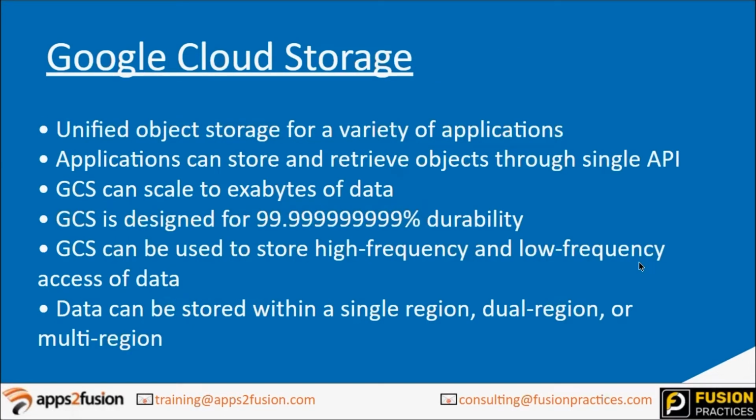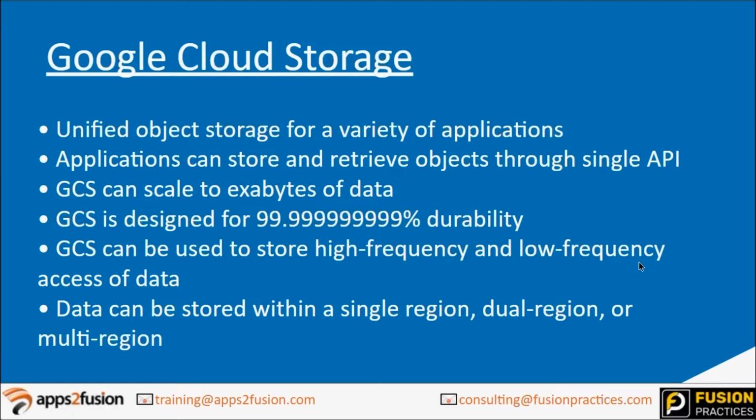So, Google Cloud Storage is a unified object storage for a variety of applications. Applications can store and retrieve objects through a single API, that is the Google Cloud Storage API. GCS can scale to exabytes of data. GCS is designed for 99.999999999% durability.